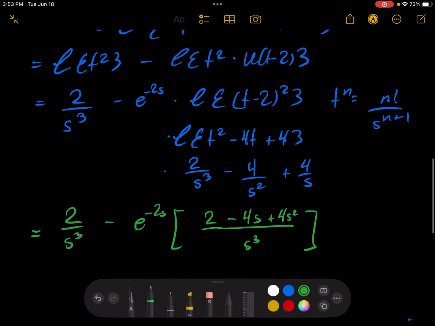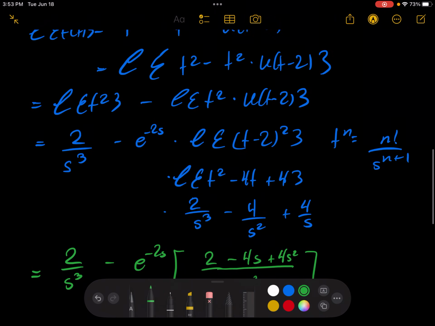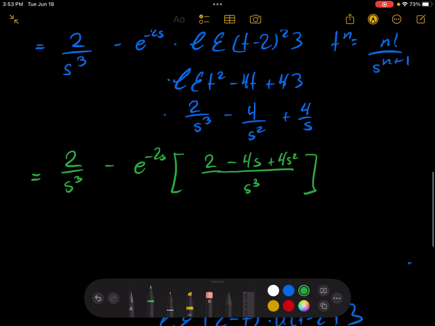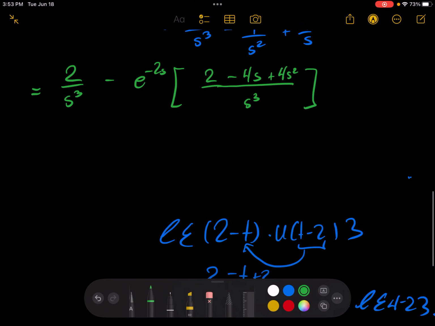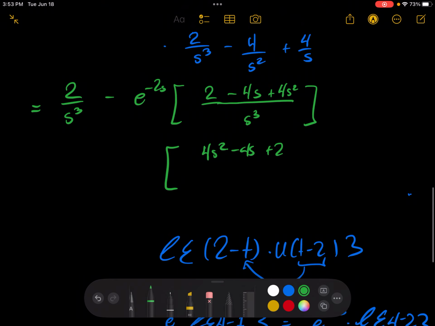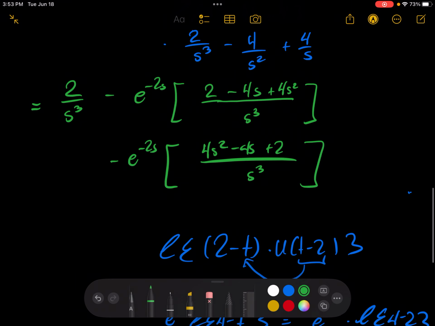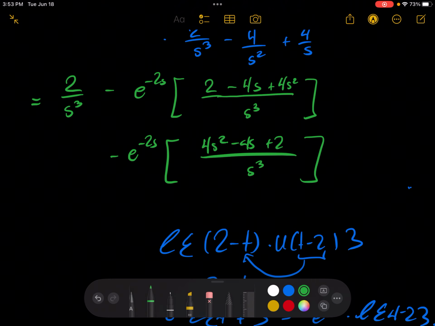Hold on, did I? Yeah, double the product of the two. So in my solution, my final one, I have minus. Oh, I see what happened. Okay, hold on. So then let me rearrange this. So I have 4s squared minus 4s plus 2 all over s cubed minus e to the negative 2s. Okay, so now it's in the form that I need it to be.